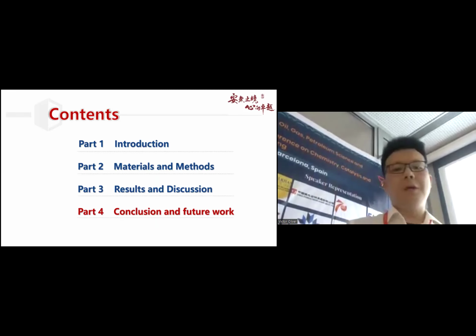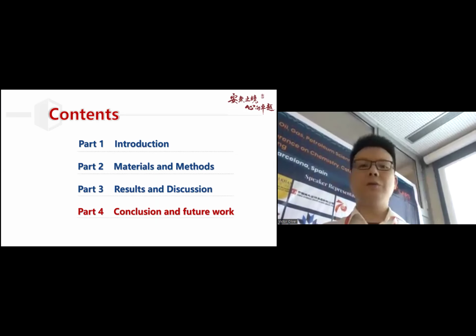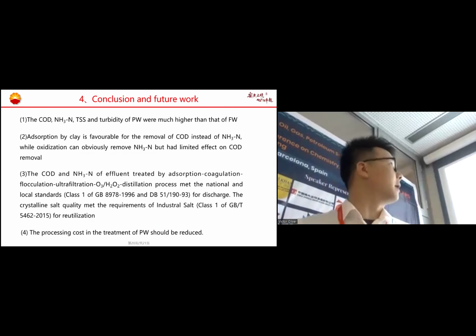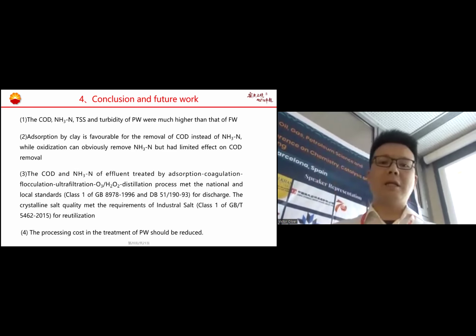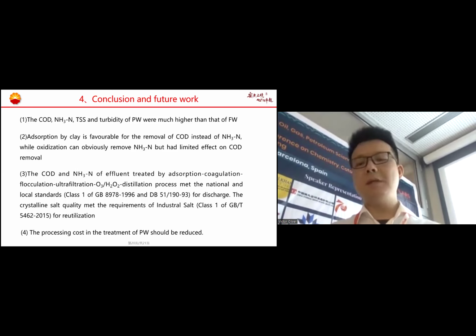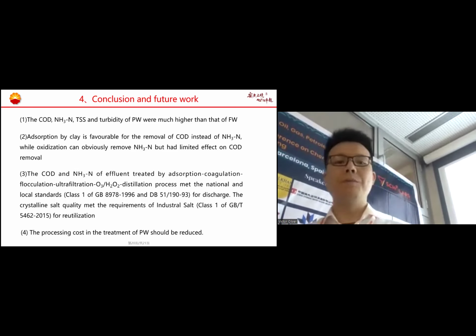Part 4 is our conclusion and future work. Firstly, the COD and ammonium nitrogen, TSS and the turbidity of produced water were much higher than that of flowback water. Secondly, adsorption by clay is favorable for the removal of COD instead of ammonium nitrogen, while oxidation can obviously remove ammonium nitrogen but had limited effect on COD removal.